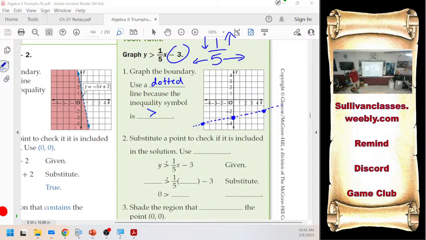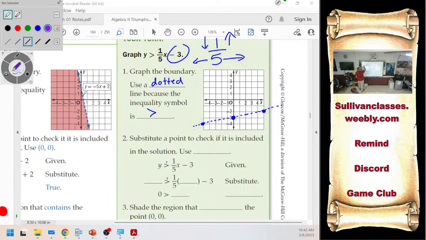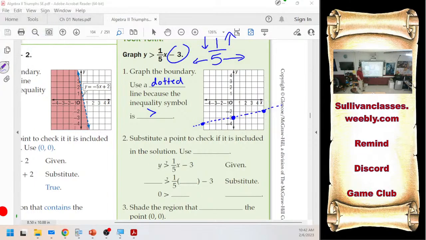Substitute in a point, check if it's included or not. So plug in a point. If I can use 0, 0, I want to use it. It's the easiest one to work with. So I'm asking, does this work? I plug in 0 and 0. What's anything times 0? 0 minus 3? -3.